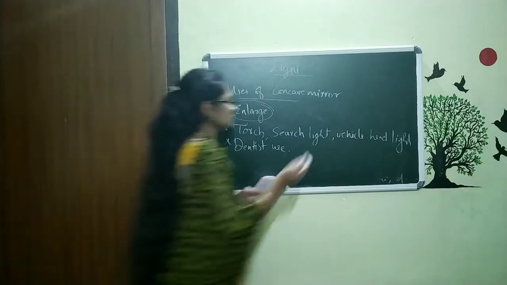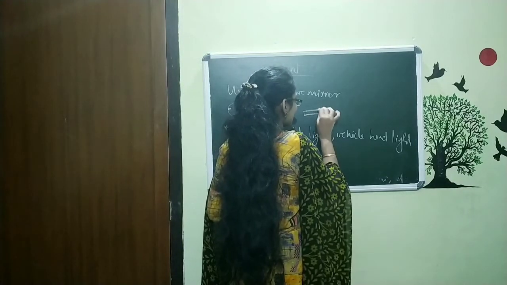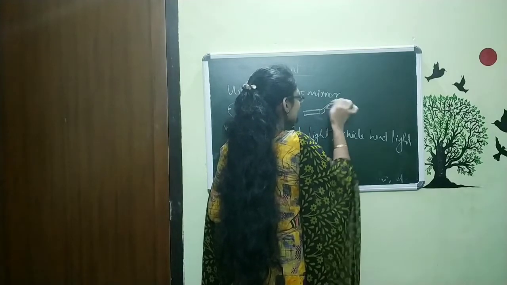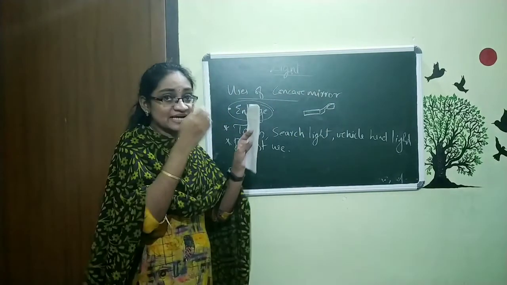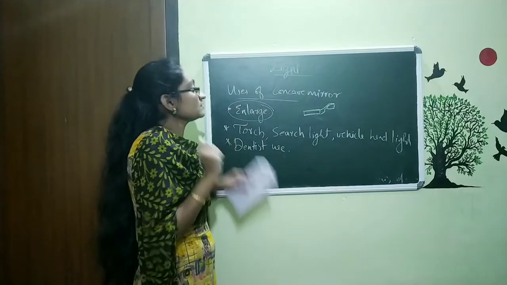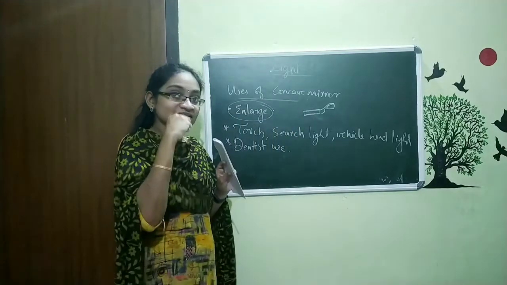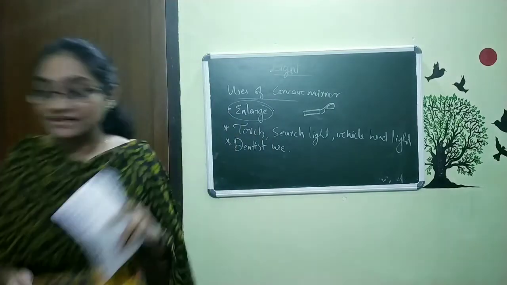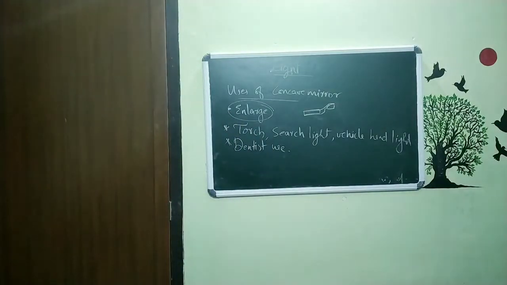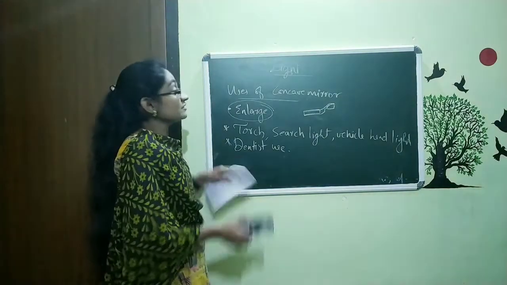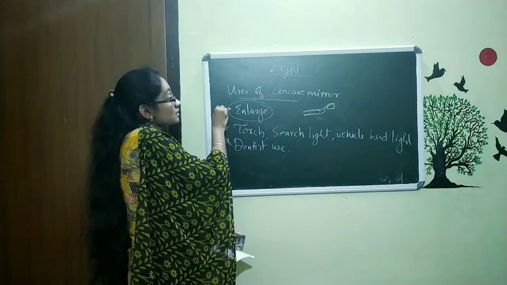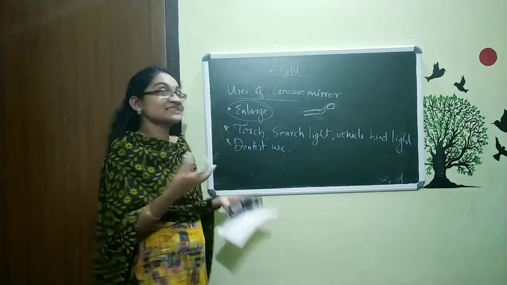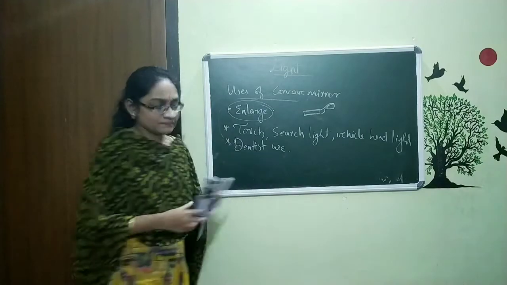So you can see some sort of tools and all having the concave mirror fixed at the end of the tube. So the aim is this, they are just putting this in the mouth and you can see that the teeth will be in bigger size, and that also you can see in the textbook, on page 182 top side. So that's why they are using this. Here also we are utilizing the concave mirror, it makes the image enlarged, bigger.